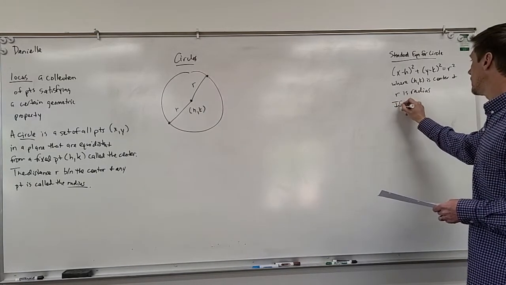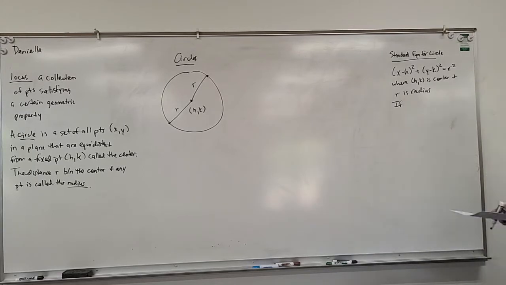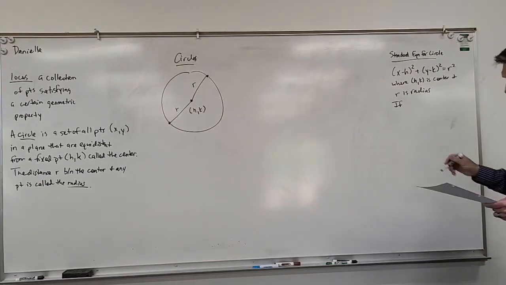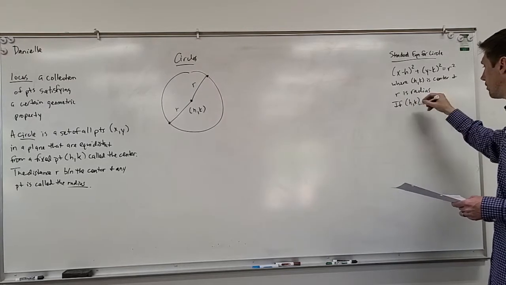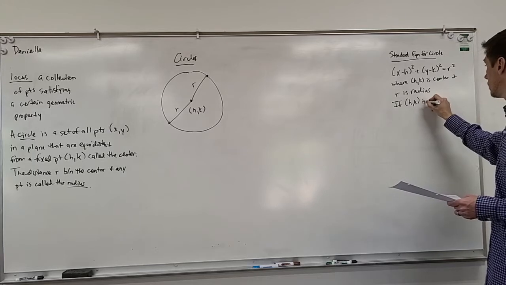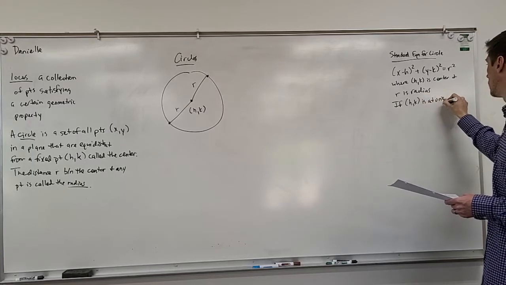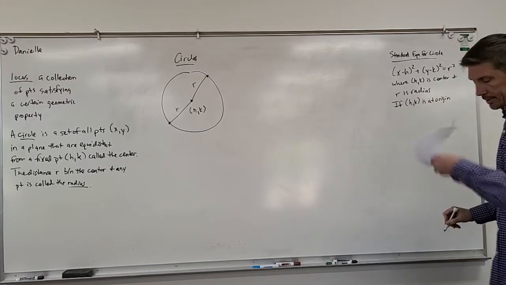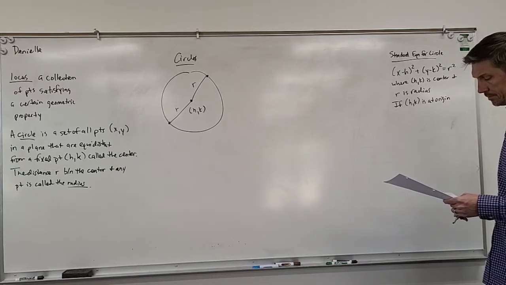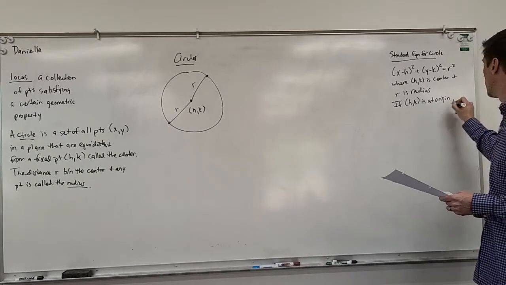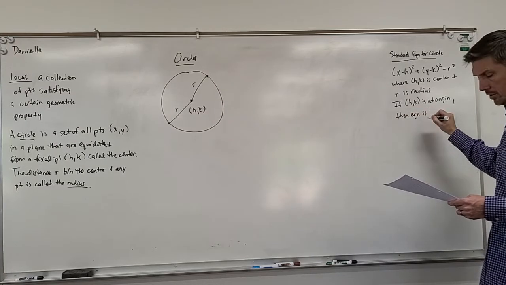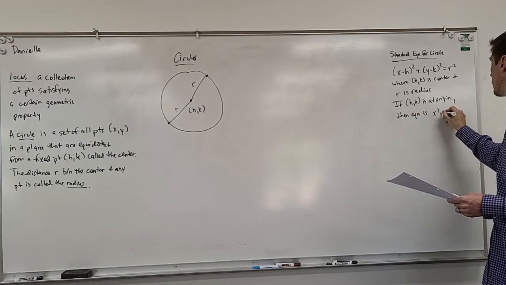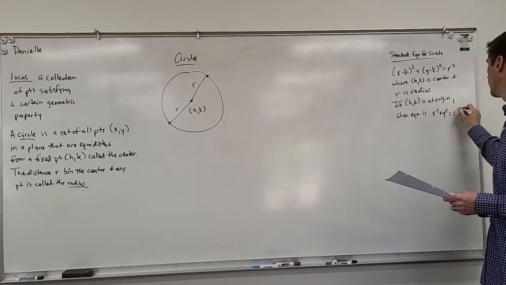Also, just note, we're going to see this in each of the shapes that we're looking at. If h, k, the main point of interest, is at the origin, then the equation is x squared plus y squared equals r squared.